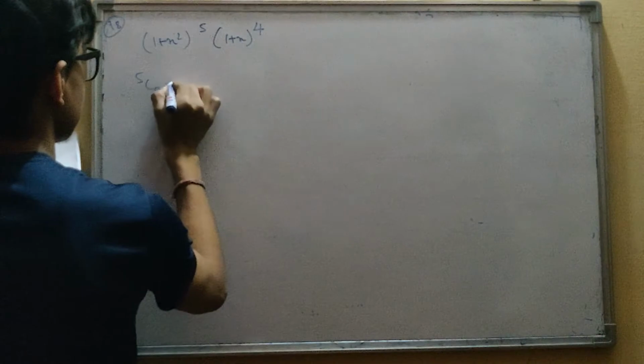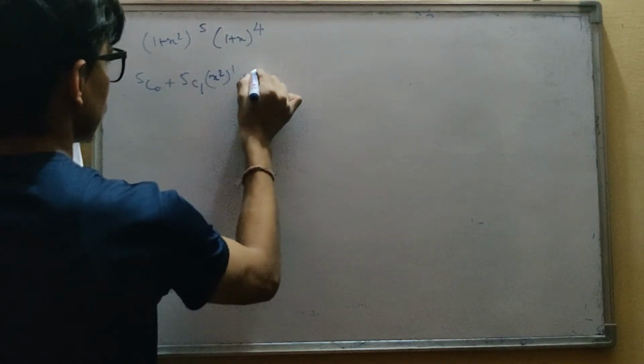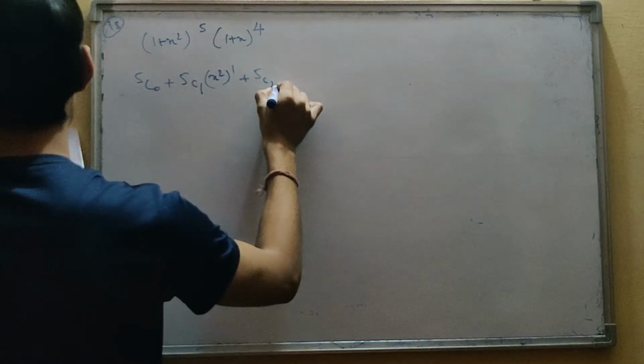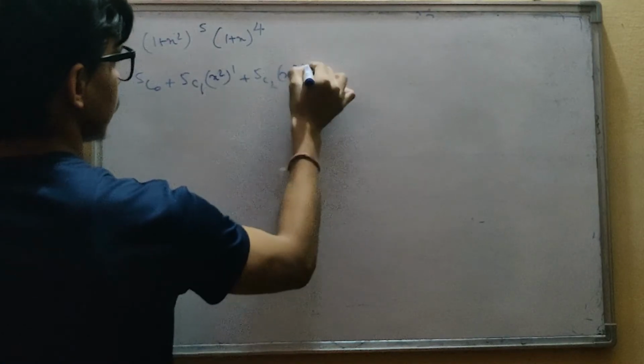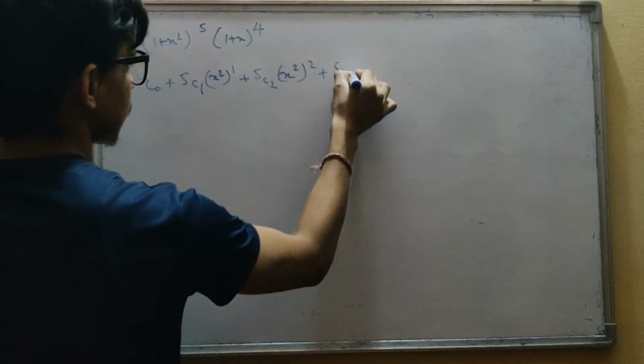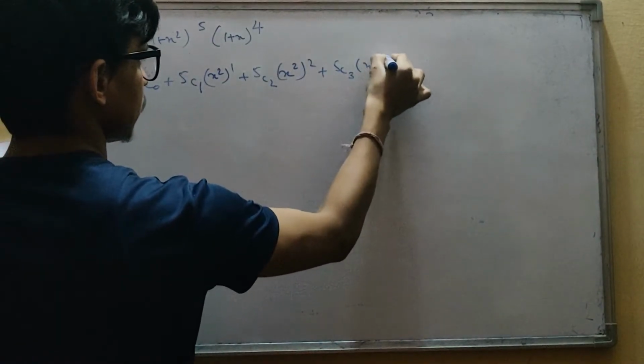If I expand it, it is going to be 5c0. I am not writing it on a formula basis, I am writing directly. You can understand that. So it is going to be 5c1 (x²) to the power 1 plus 5c2 (x²)² plus 5c3 (x²)³ and so on.